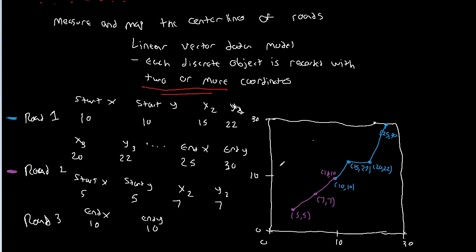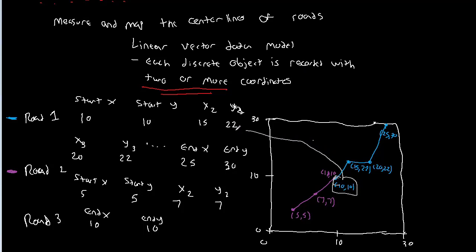So we've recorded the coordinates of a discrete object using more than one coordinate. And that's why I said each discrete object, in this case road 1 versus road 2, is recorded with 2 or more coordinates, okay?